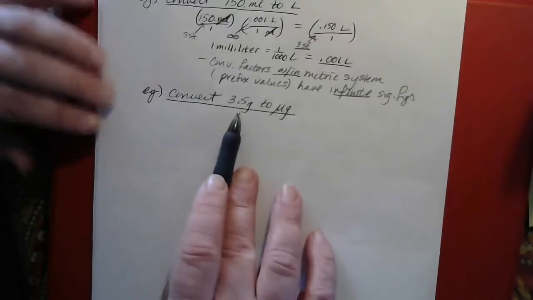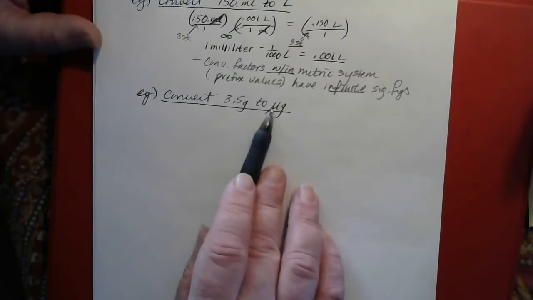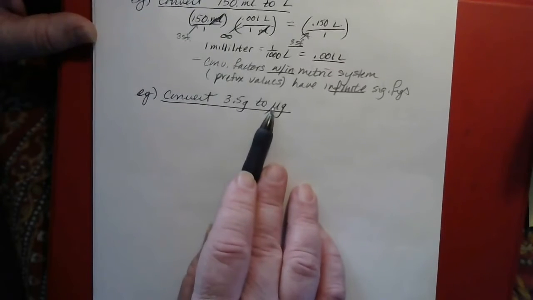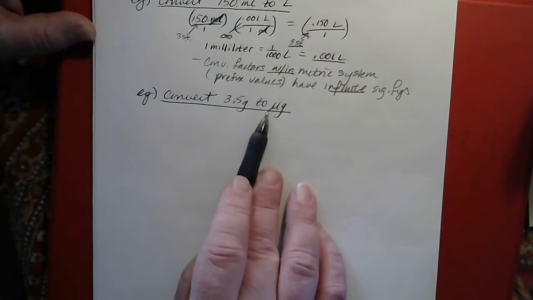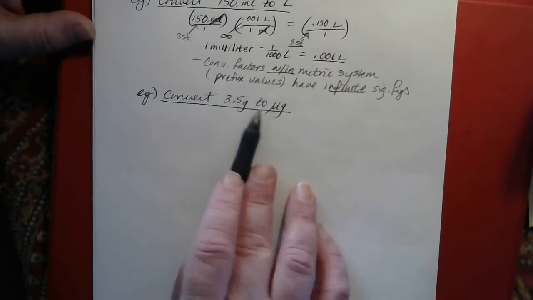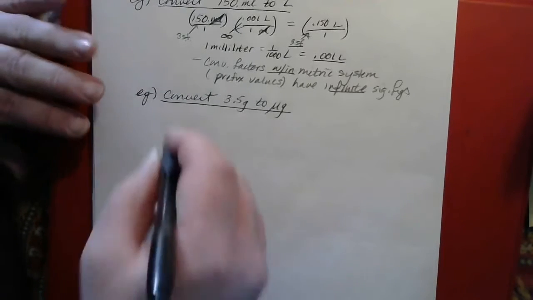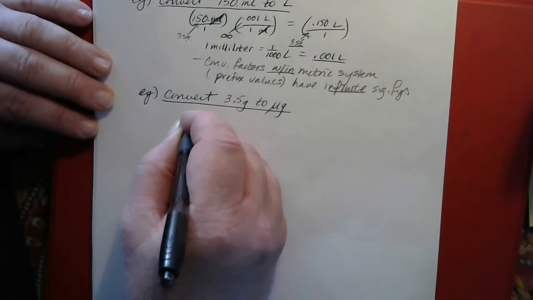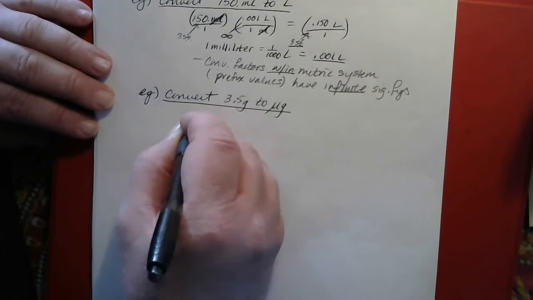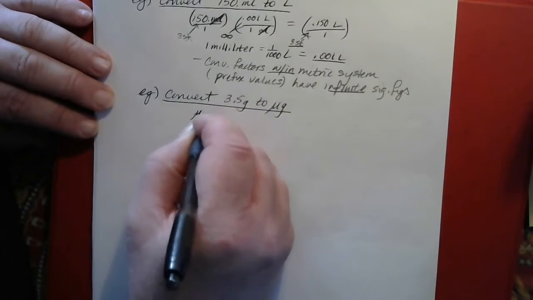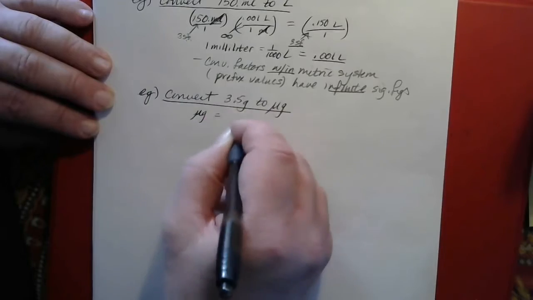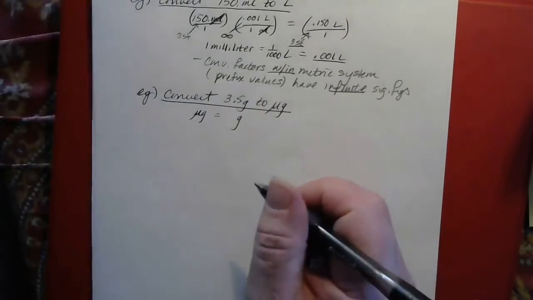Same is true for some of the lesser known prefixes, like the fancy U with a tail on front, also known as micro. Converting 3.5 grams to micrograms, first we need to know what is the relationship between micrograms to grams.